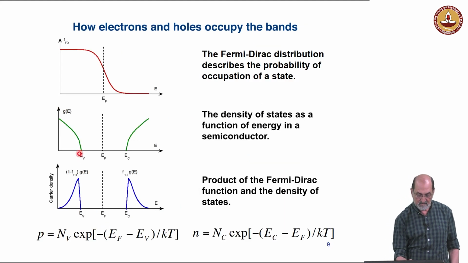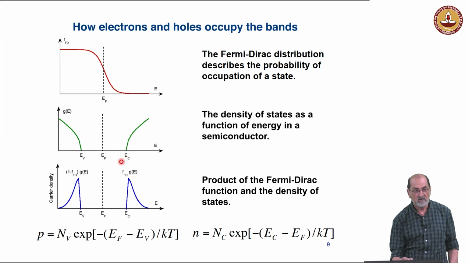It means that this g of E is something like this, with a smaller curvature. If that is the case, the density of states here is going to be larger than there. So to equilibrate things and have the same number of electrons and holes, the Fermi level has to go to the right. Did you follow me?